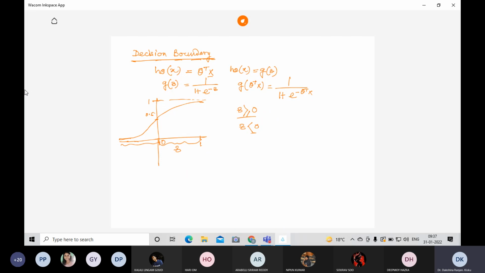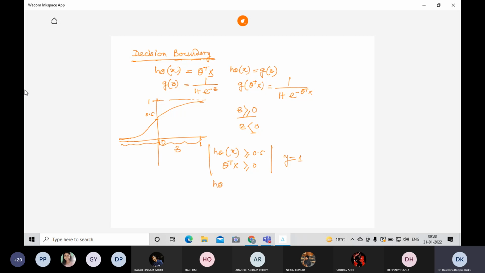In the hypothesis representation, h theta x is greater than or equal to 0.5 when theta transpose x is greater than or equal to 0, and this infers y to be the positive class, or y equals 1.